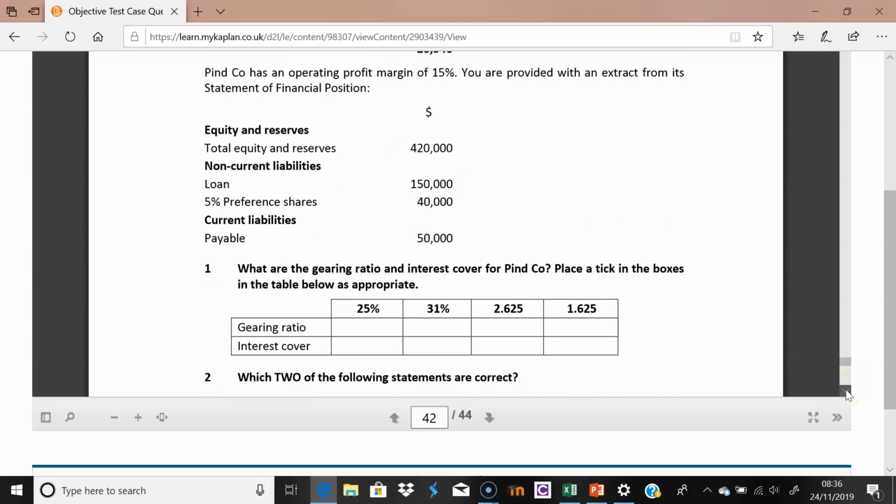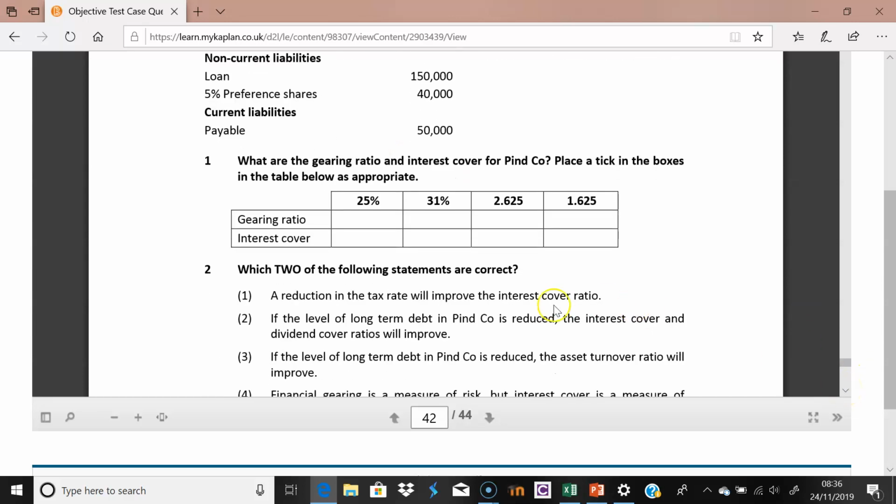That's the first thing. If the level of long-term debt is reduced, therefore the interest charge is reduced, so the interest cover will improve. Well, you have less interest to pay, and yes, that will definitely improve.